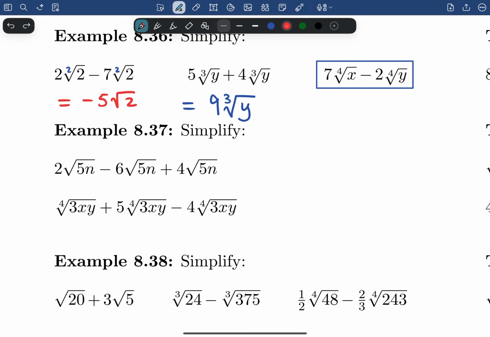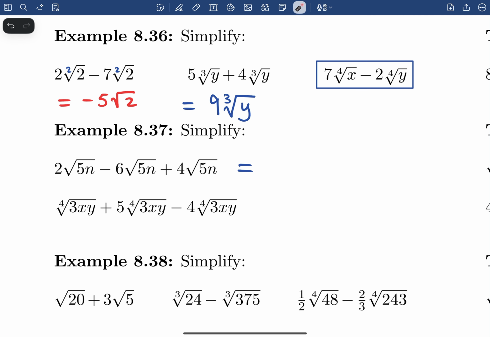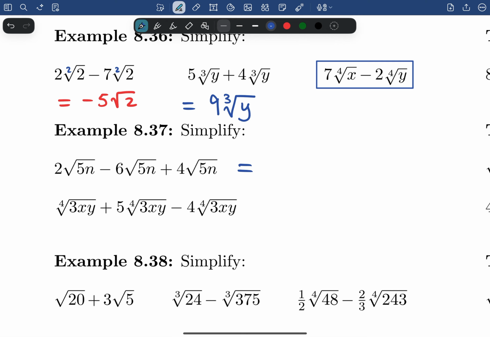And the same radicand, 5n, 5n, 5n. So these are like radicals. Therefore, I can take 2 minus 6 plus 4. Well, that's negative 4 plus 4, which is 0, times the square root of 5 times n. But 0 times anything is 0, so that's my final answer.